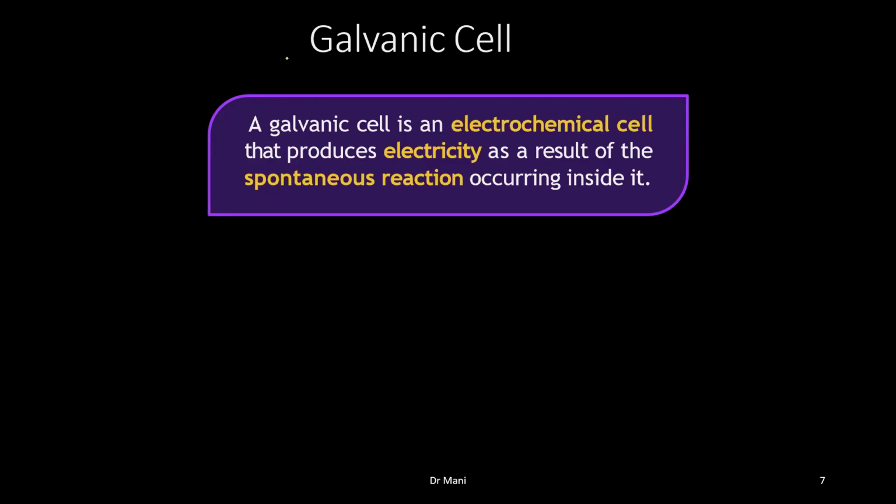It is the fundamental electrochemical cell that converts chemical energy into electrical energy. But this conversion will happen through a spontaneous reaction, remember, that too the redox reaction. So when we are talking about the reactions here, that is a redox reaction.